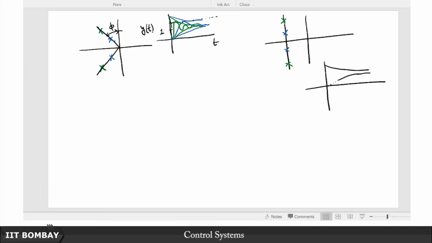The other thing that comes hand in hand with this: if you now draw lines joining the green fellow and the blue fellow to the origin, you'll immediately see that the phi 1 corresponding to the green fellow is smaller than the phi 2 corresponding to the blue fellow, which means that the blue system is more heavily damped, which would obviously then lead to what? We've already seen in this figure, the more the damping, the lesser the percentage overshoot.